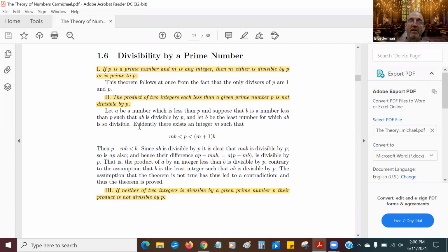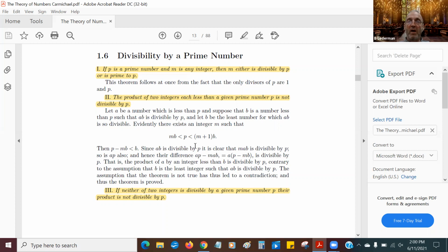So then, evidently, there exists an integer m such that mb is less than p, which is less than (m+1)b. Meaning if I keep on taking multiples of b, eventually I'm going to get almost up to that prime number, and then the next multiple is going to be just over the prime number.